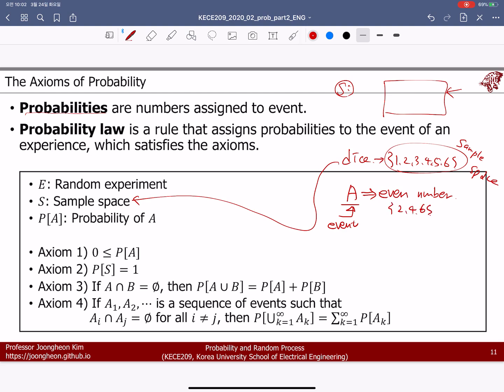Among these 6 different options, we are interested in these three numbers, 2, 4, and 6. That's why the probability is 1 over 2. So this is our event. E means random experiment. If we have a controlled experiment, then we cannot define the probability. We have to get the probability in random situations. That's why we have a random event here.